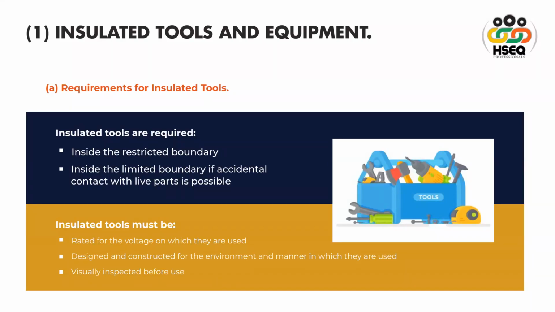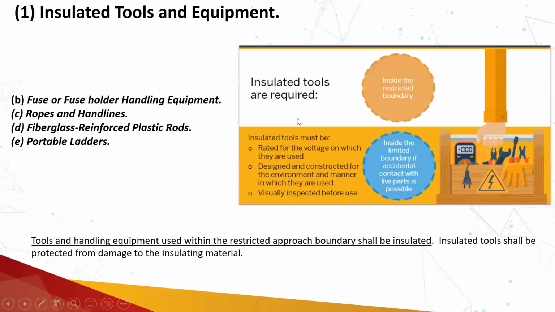So these are the mandatory requirements when we are using insulated tools and equipment. Fuses or fuse holders, handling equipment, ropes and hand lines, fiberglass reinforced plastic rods, and portable ladders need to be insulated when we are using them within the limited approach boundary as well.